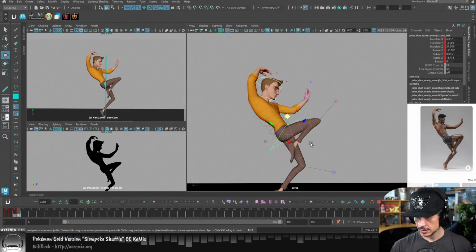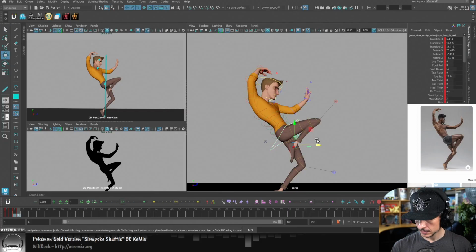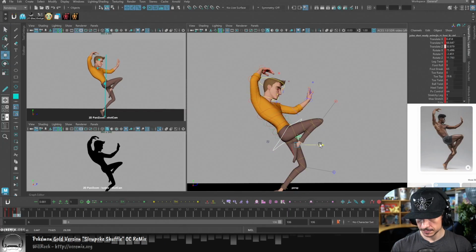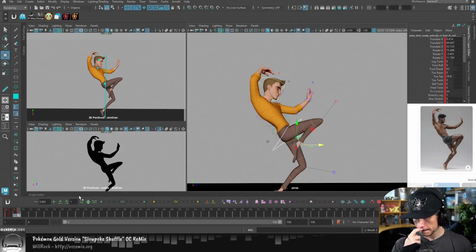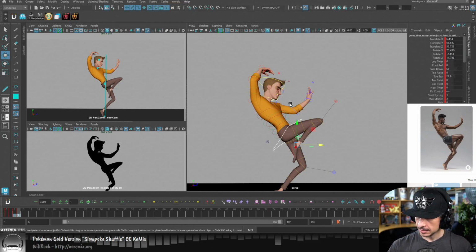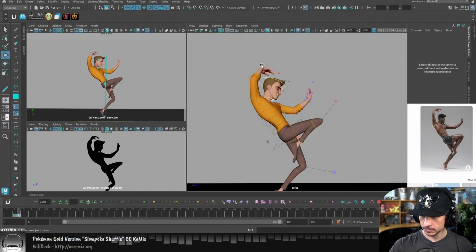Exaggerate. Maybe push the character forward a little bit more. Just a little. Make sure I grab that foot at the same time. Just get more of a dynamic line through there. Let's see. Yeah, that's pretty good for now.